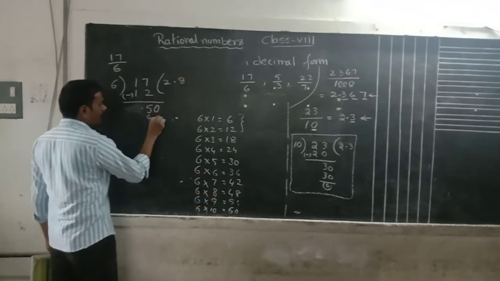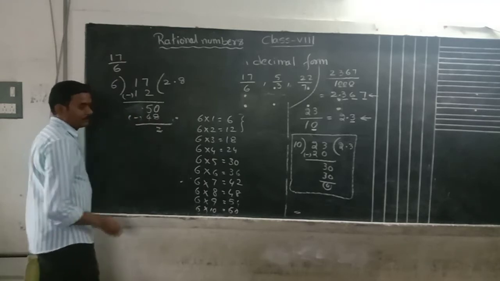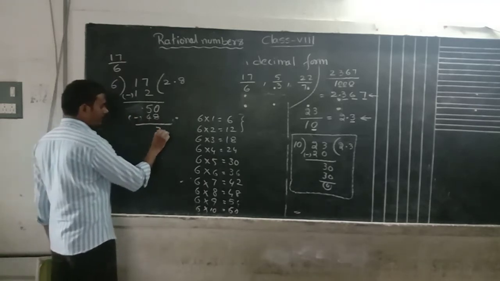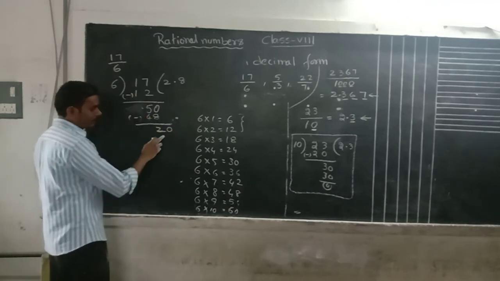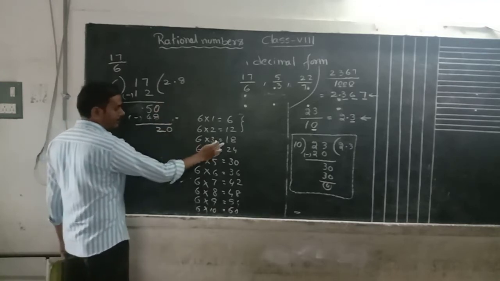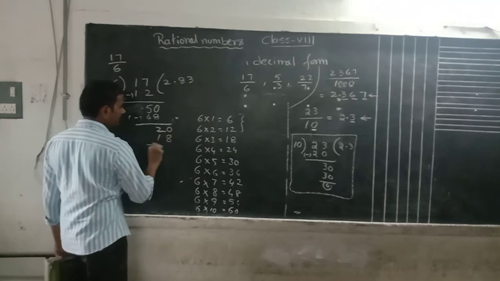By subtracting, we can get 2. After taking the point, we can take 1 here. Again 6 3 is 18.